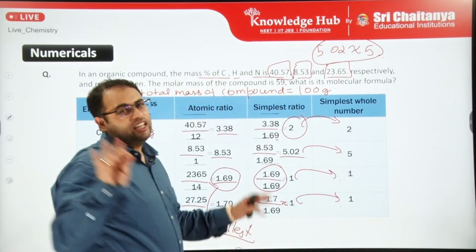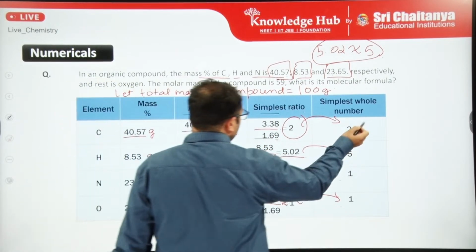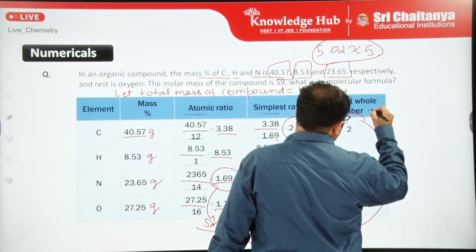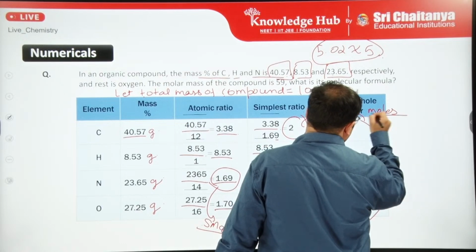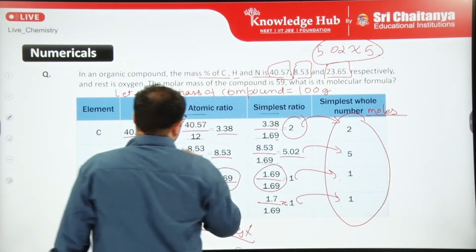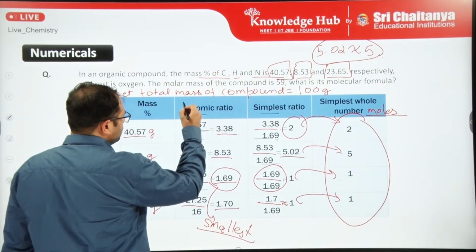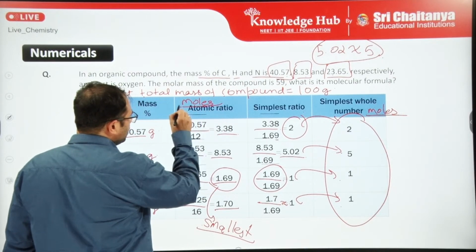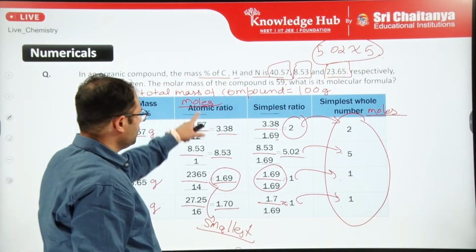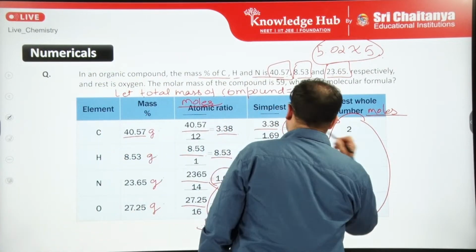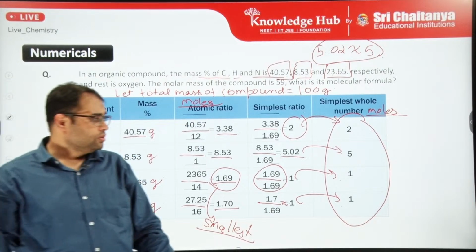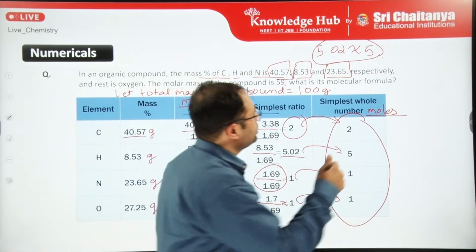So now finally we have the simplest whole number ratio of moles. Remember, this atomic ratio is nothing but moles. You're calculating the moles, and then simplest whole number moles. Now why does this moles work? Well, think about it.